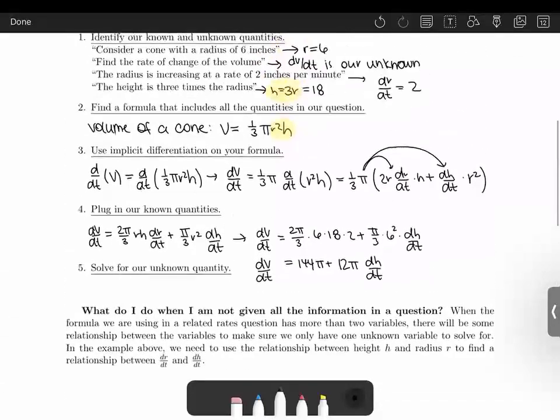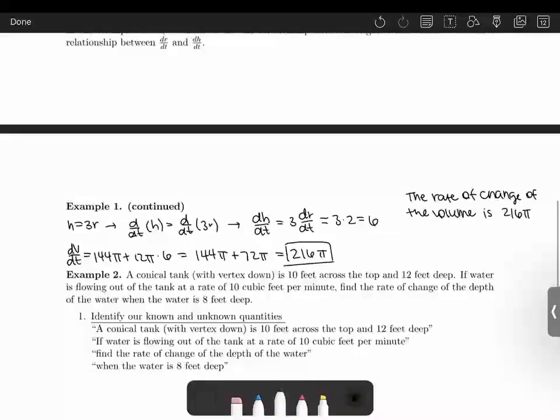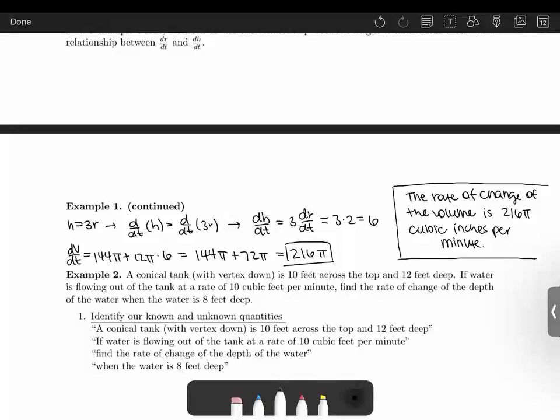So the radius was increasing at a rate of 2 inches per minute, which tells us that our volume is increasing at a rate of cubic inches per minute. So this is our conclusion. We have written a full sentence that tells what's happening in this problem with correct units.